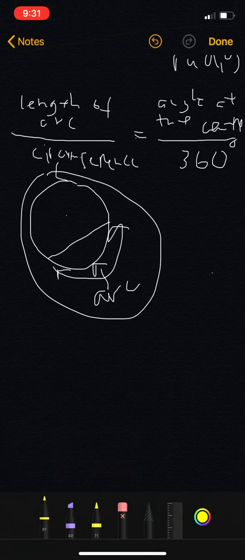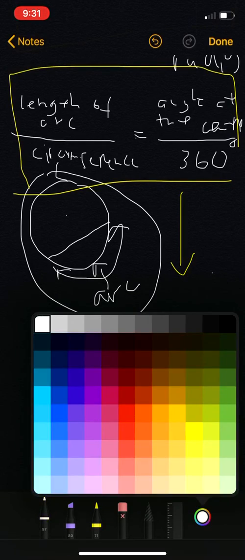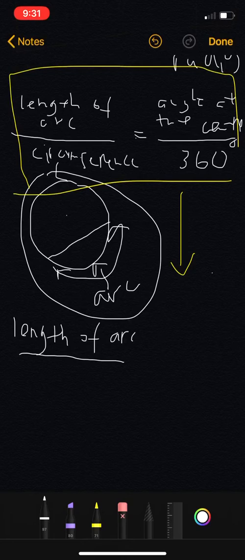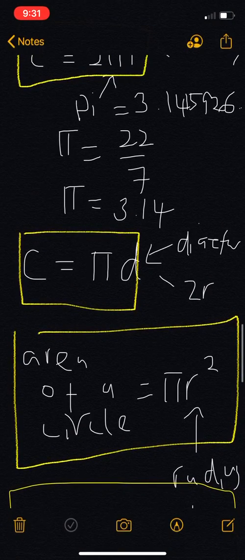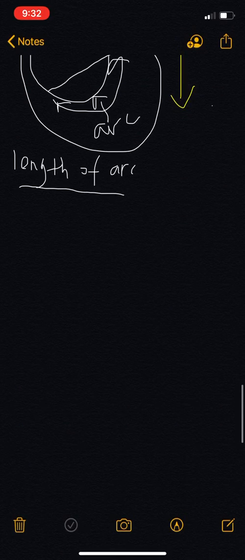Based on this one, later on the formula will become like this: length of arc over the circumference. What is the formula for the circumference, if you still remember? We take C is equal to 2 pi r.